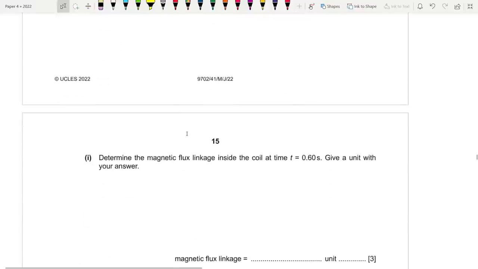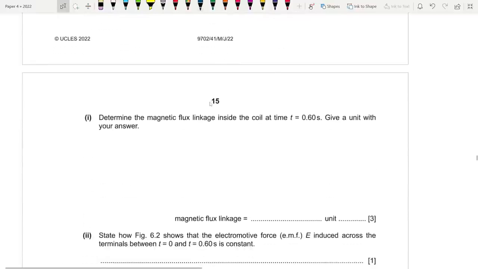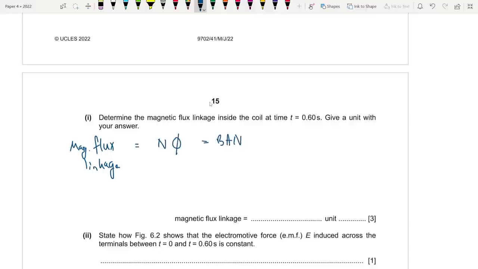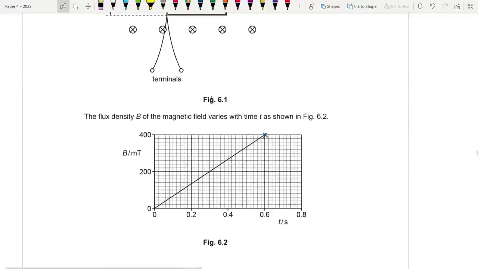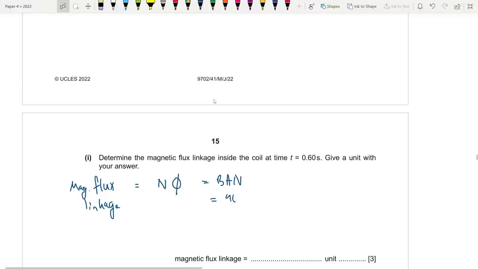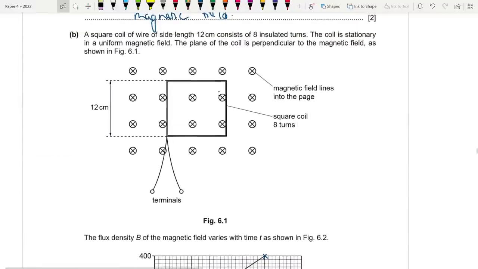So the formula for flux linkage is basically BAN. So magnetic flux linkage is N times phi, which is BAN. So that's N times BA, right? The B at 0.6 is 400 millitesla. So 400 times 10 to the power minus 3. The area of the coil: what is the area?